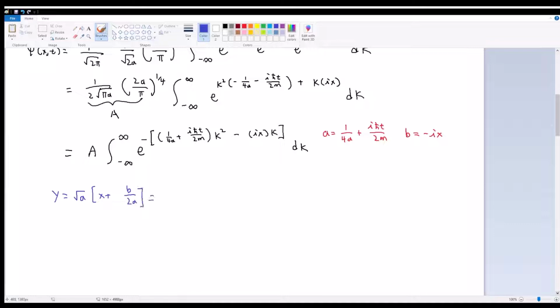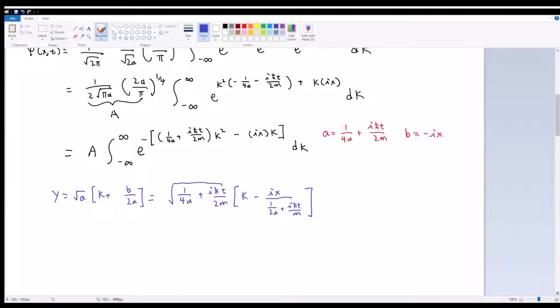So we do that, and this is going to equal the square root of 1 over 4a plus i h bar t over 2m, and then we have, instead of x, we're going to be replacing it with k, because that's our variable of interest. So I should actually erase this and replace it with k as well. And this is going to be subtracted by ix divided by 1 over 2a plus i h bar t over m.